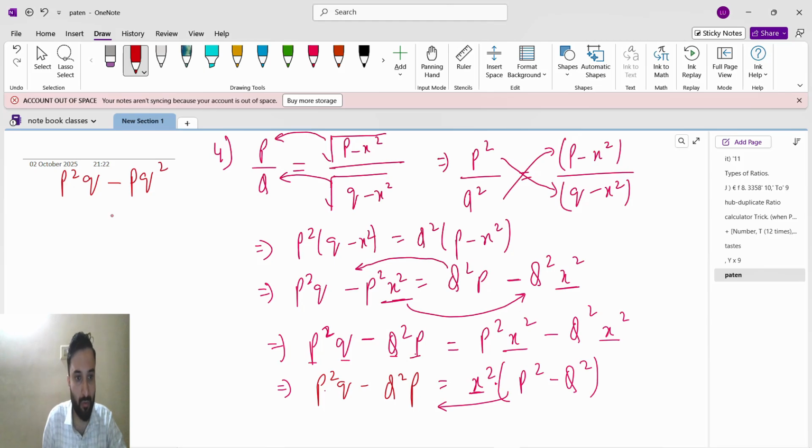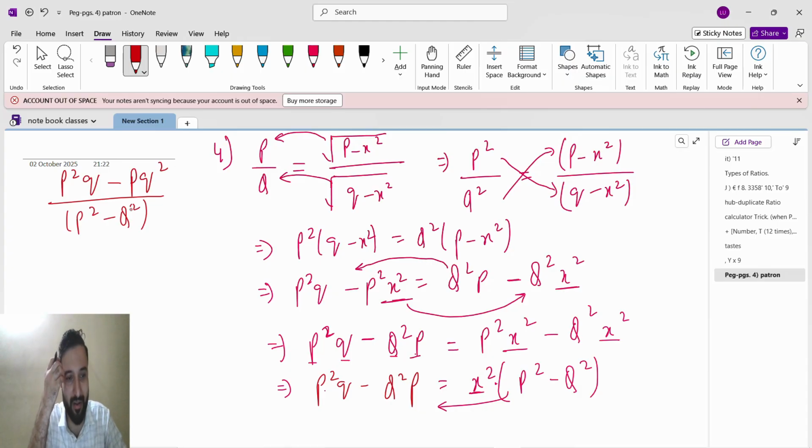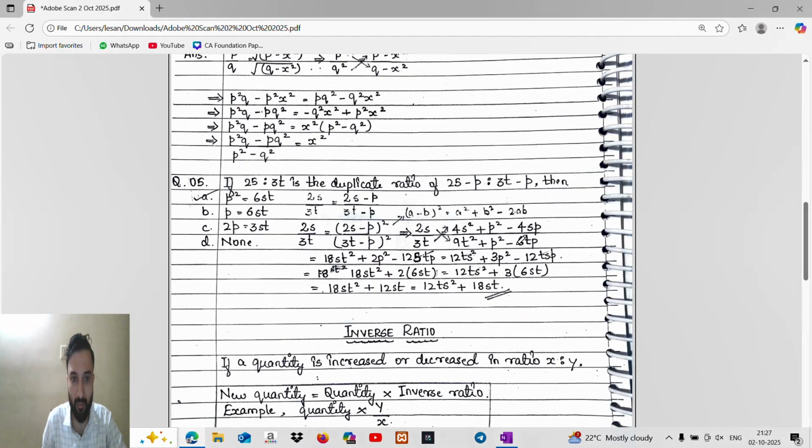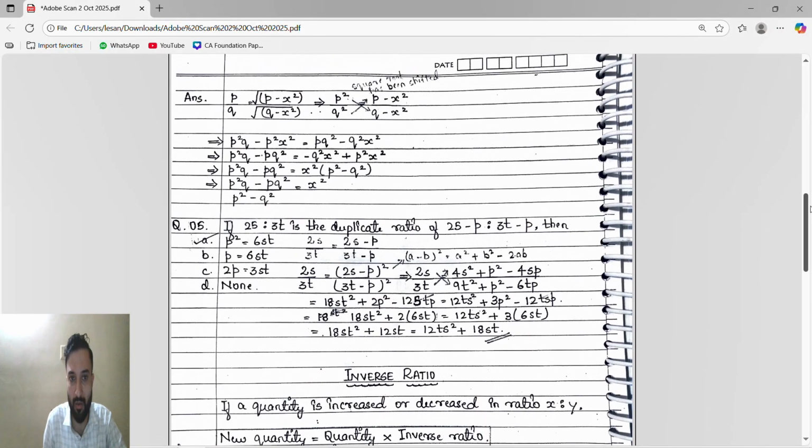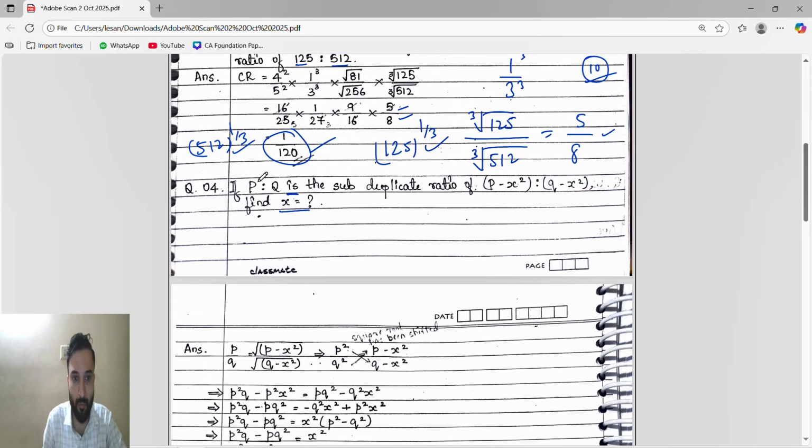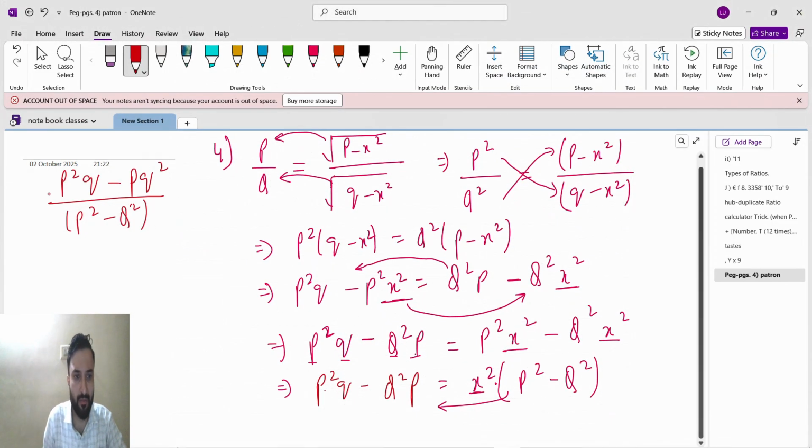Both are same, PQ square divided by P square minus Q square. So see, small q or capital Q doesn't matter here. You can write the capital Q or the small q, no issues. So we will get this, right?